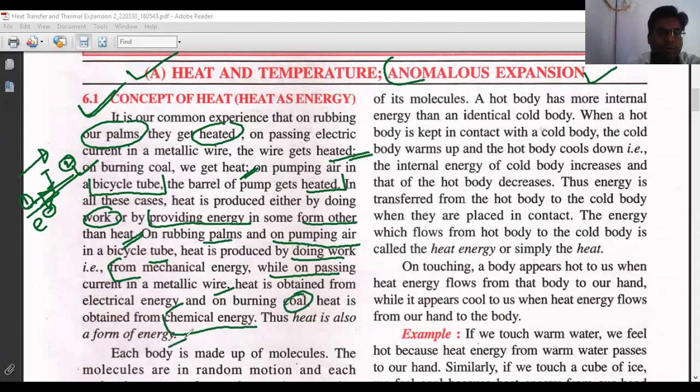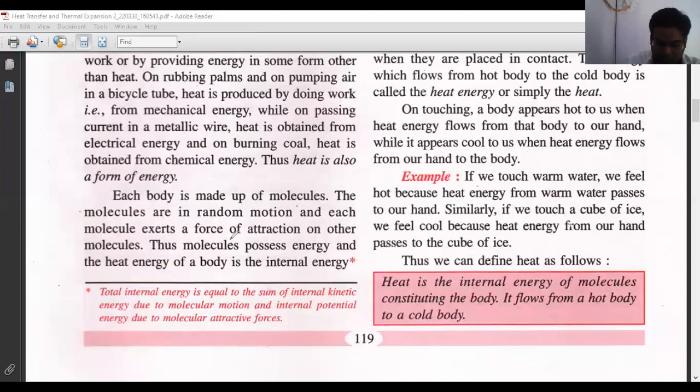Heat is also a form of energy. As we have told you, heat is a form of energy, right? So read these examples. The next point is that each body is made up of molecules, right? The molecules are in random motion and each molecule exerts a force of attraction on the other molecules.